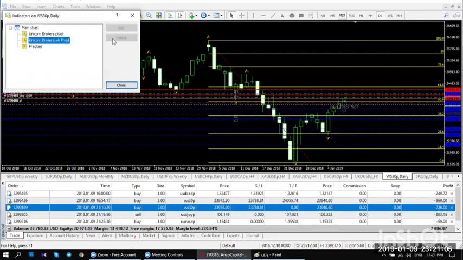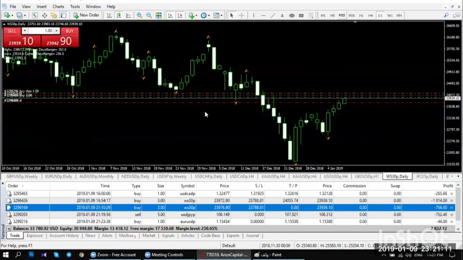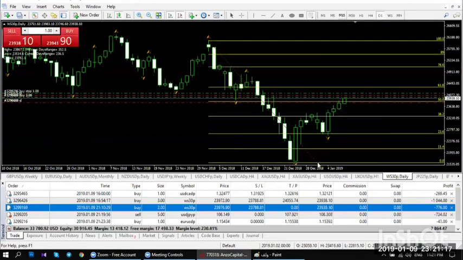Let me first delete all these. We have a shadow pivot. Yes, exactly. Let me draw the Fibonacci again. So on 50 level, we have a shadow pivot.